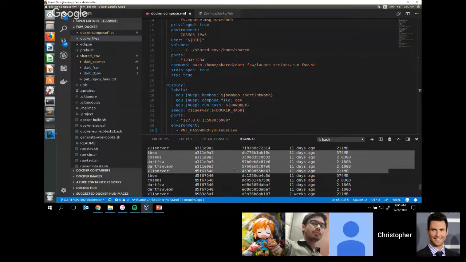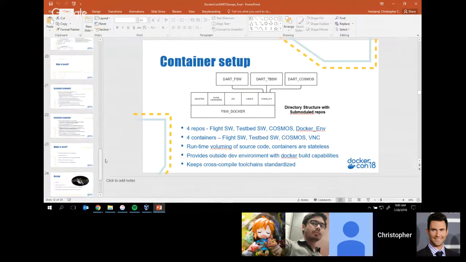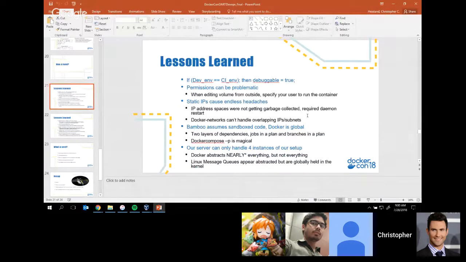We've had a couple of issues with Docker where I think I have a lessons learned page. Originally we had static IPs, and those caused serious problems because we were trying to bring up multiple of the same compose file, and the subnets were stepping on each other.